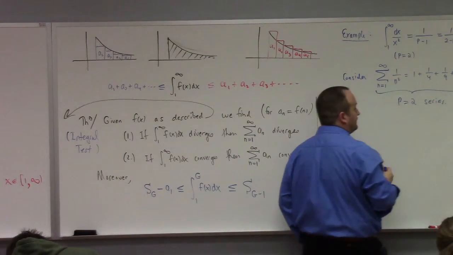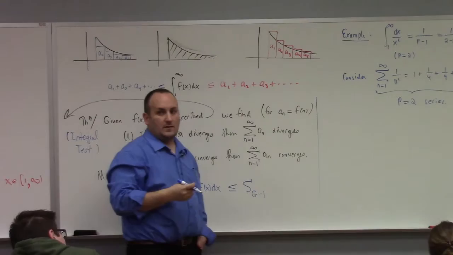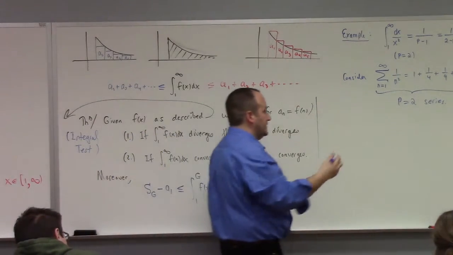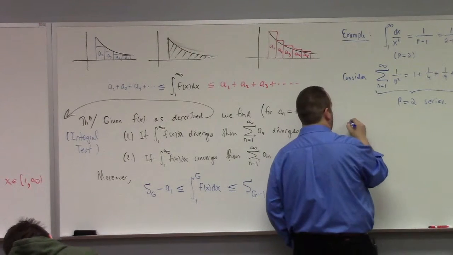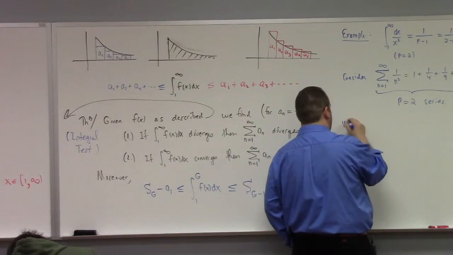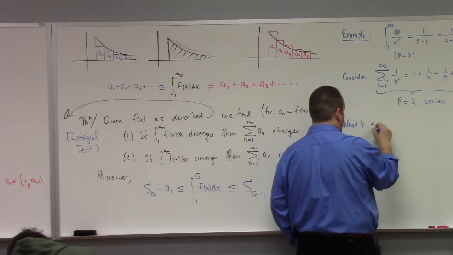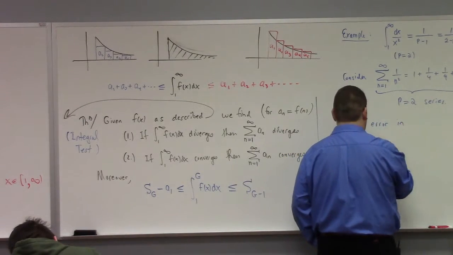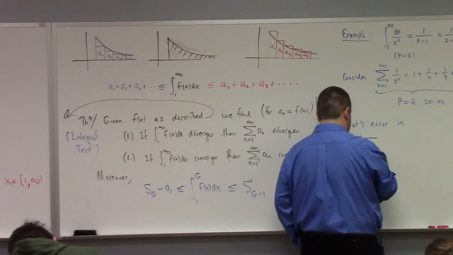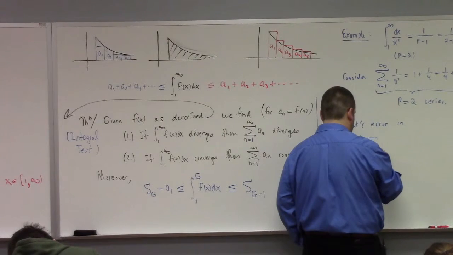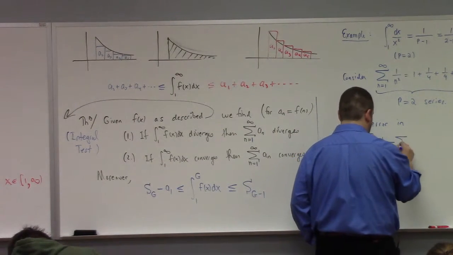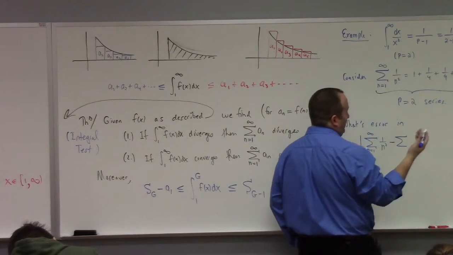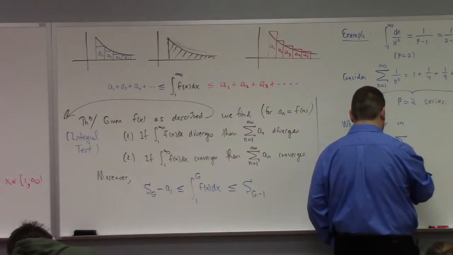So my question is, what's the error in the difference between the full p equals 2 series and, let's just keep the first 3 terms?